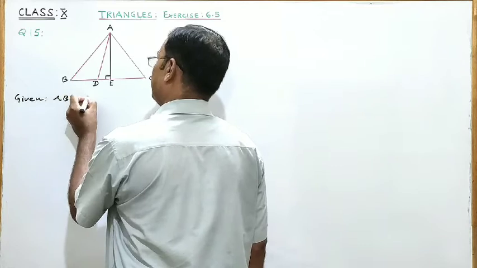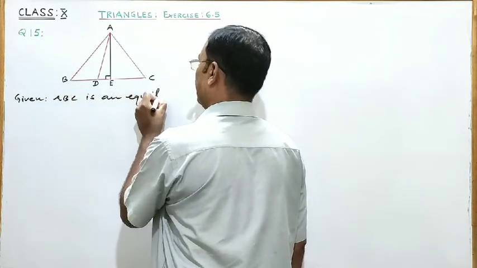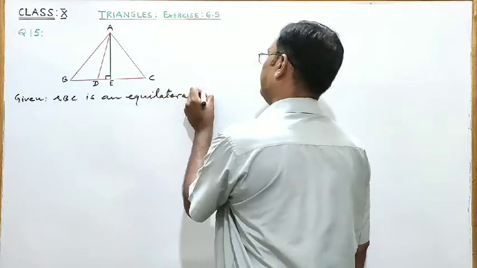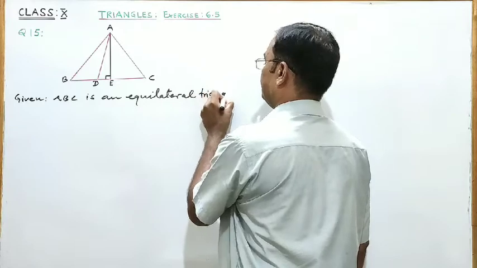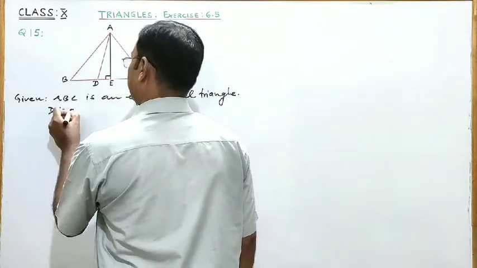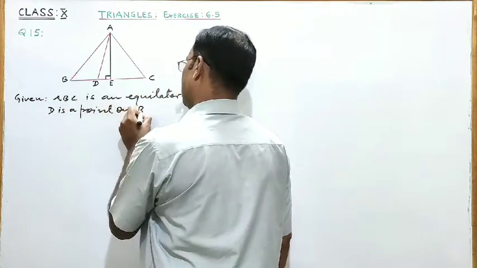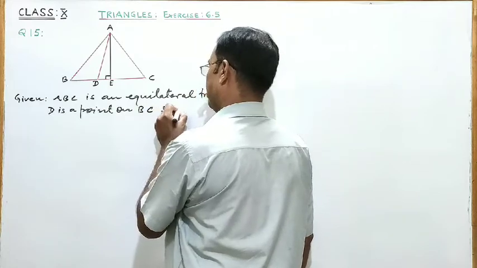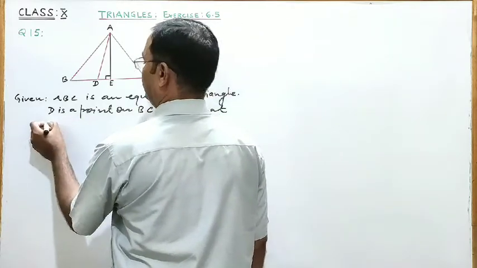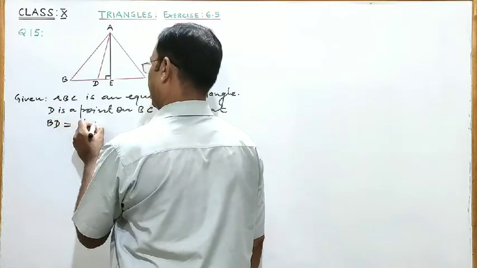ABC is an equilateral triangle. D is a point on side BC such that BD is equal to 1/3 of BC.